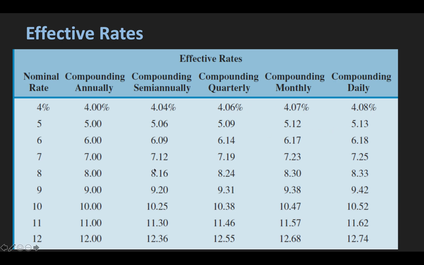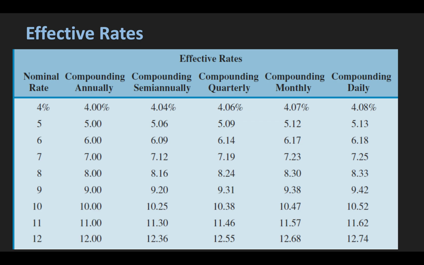So it keeps increasing. The more frequently you compound your interest, the higher the effective rate will be, which makes sense, because you are charging interest on the interest you accrued before. Whenever there's more interest, if you can charge more interest on that, of course the effective rate will increase. So that's the effective rate and how it's different from the nominal rate.